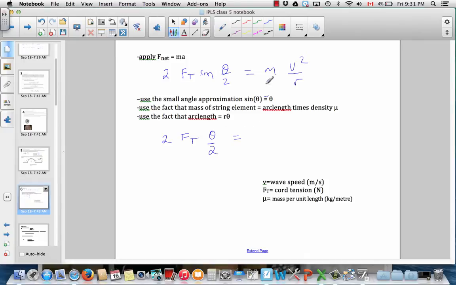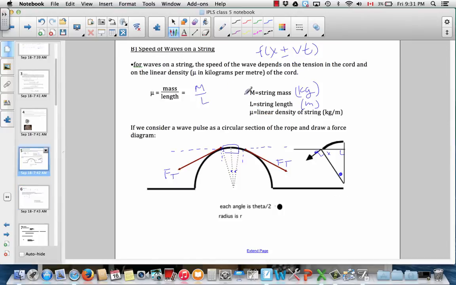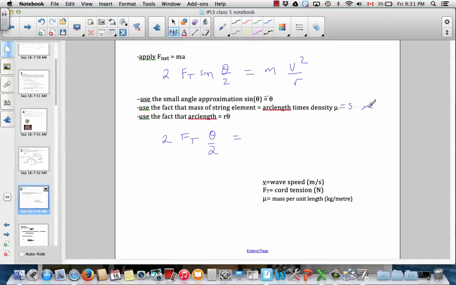I'm also going to come up with an expression for the mass, because of course a mass is going to be an arc length times a linear density. Because our linear density is kilograms per meter. So when we multiply that by the length of this little piece, that's the length of an arc, kilograms per meter times meters gives us kilograms.